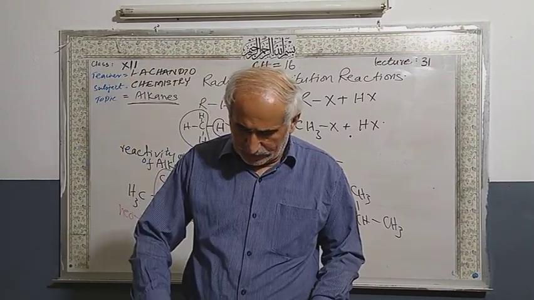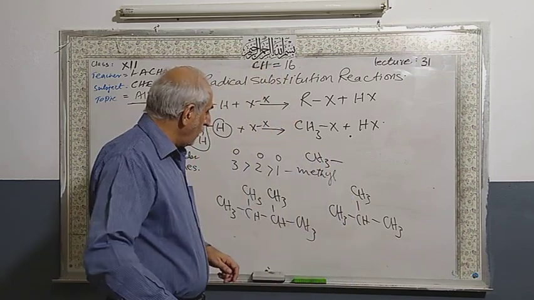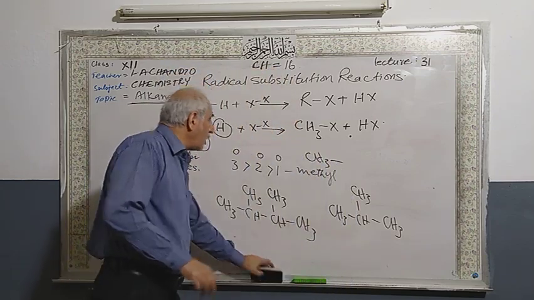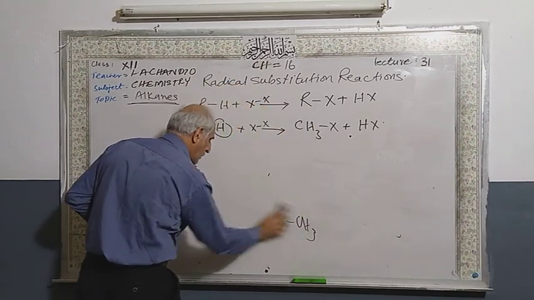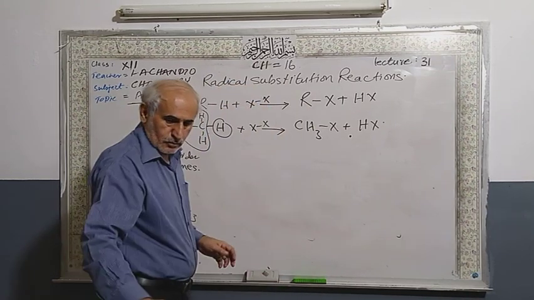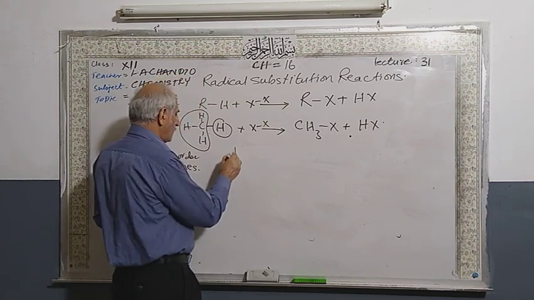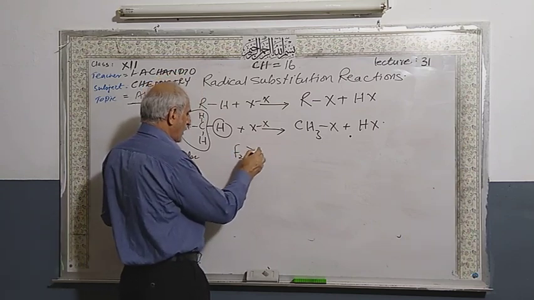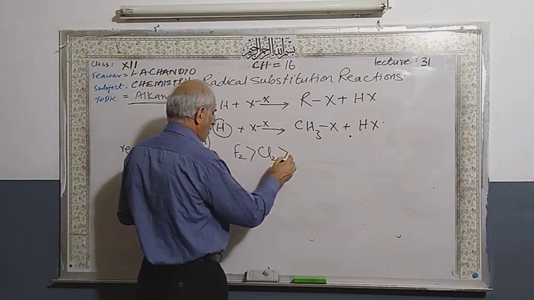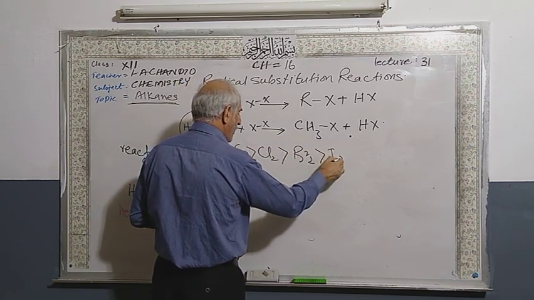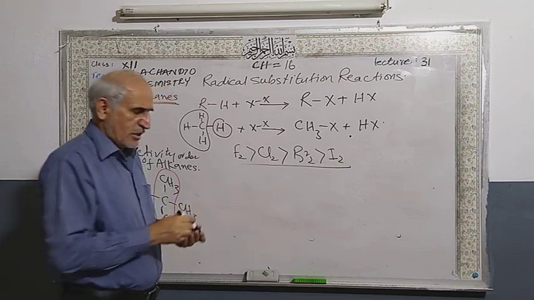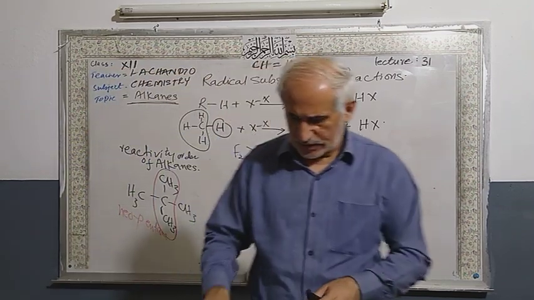Then the halogens. For the halogens, fluorine is more reactive than chlorine, then bromine, and then iodine. This is the reactivity order of the halogens.